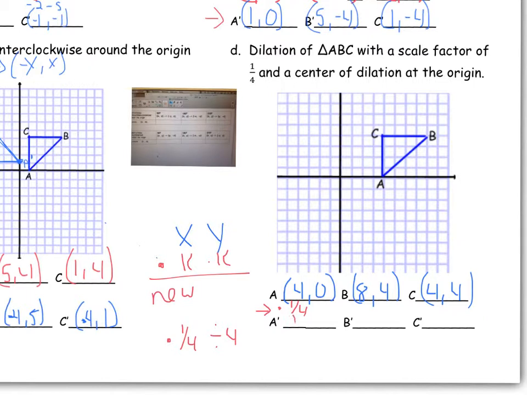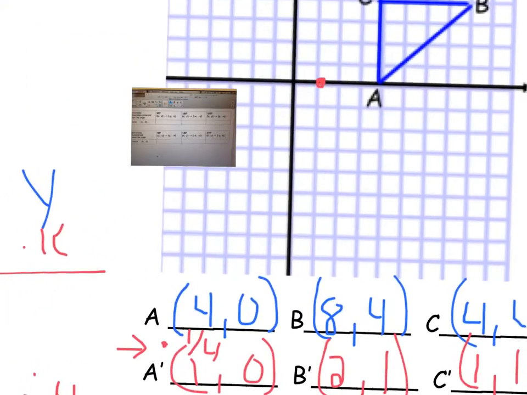4 divided by 4 is 1, 0 divided by 4 is 0. 8 divided by 4 is 2, 4 divided by 4 is 1. And 4 divided by 4 is 1, 1. So here are my new points. So then I can plot. I'm going to maybe make this a little bigger so you can see.